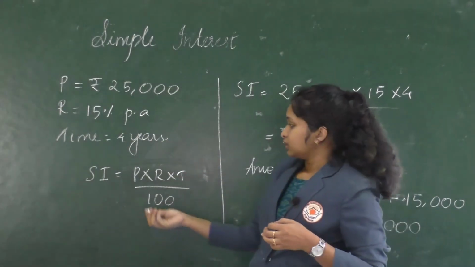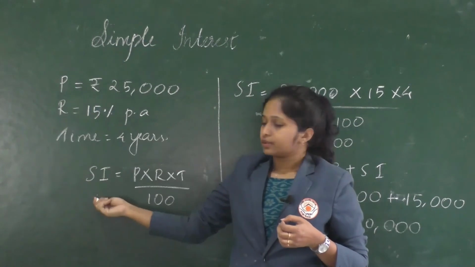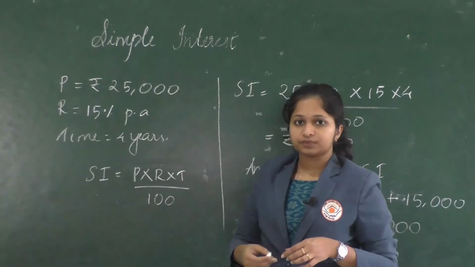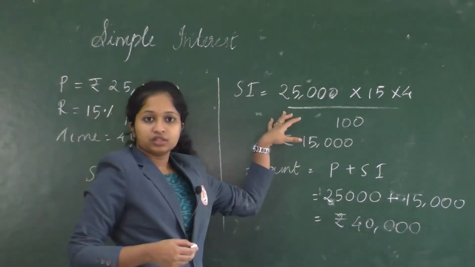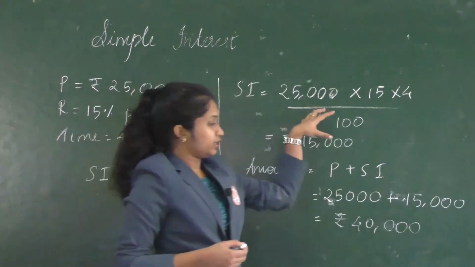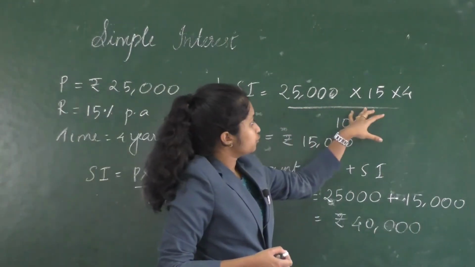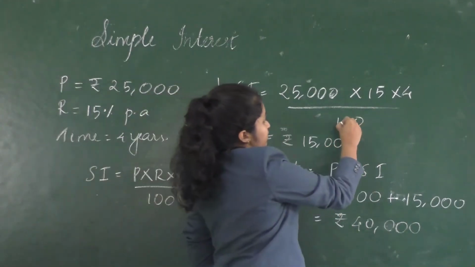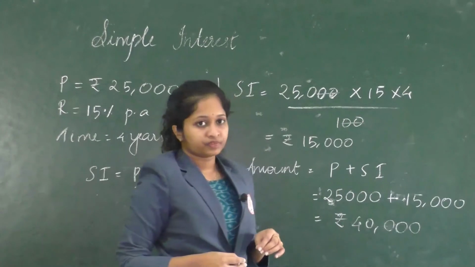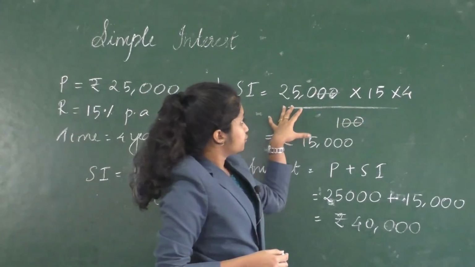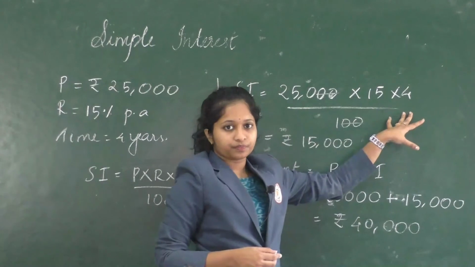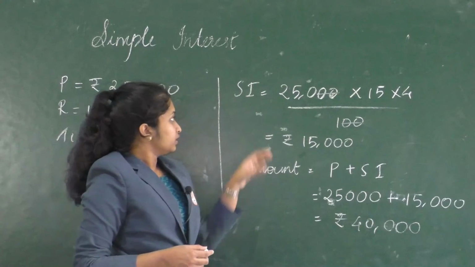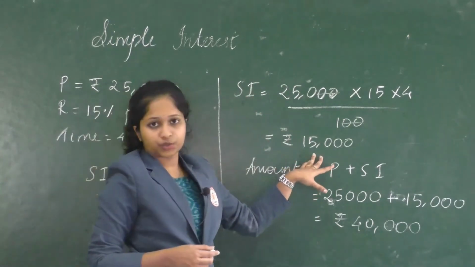As you know, the formula for simple interest is P into R into T by 100. So let's copy the values given: 25,000 into 15 into 4 by 100. We can cancel these zeros and then multiply 250 into 15 into 4. So we get rupees 15,000. So we got the simple interest as 15,000.